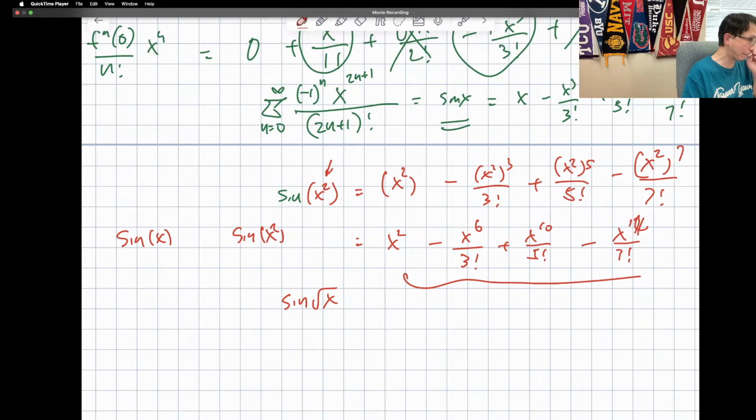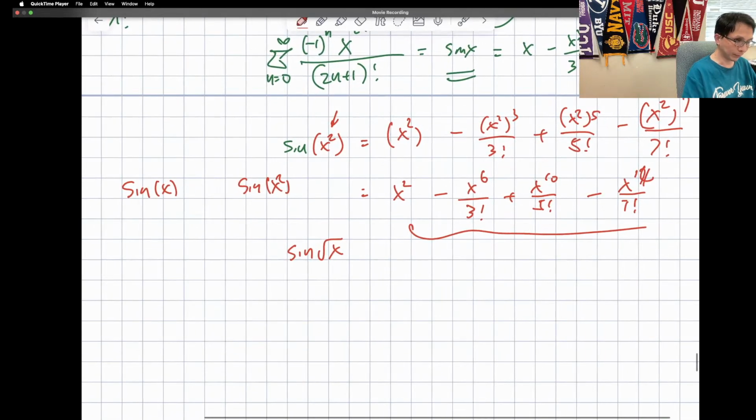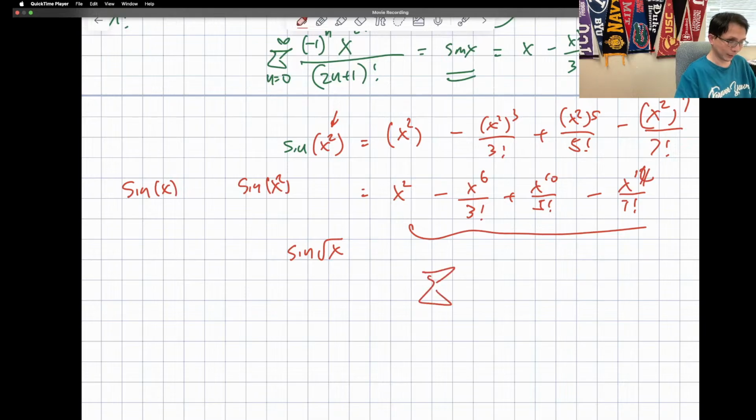So how would that fit in with the summation? You have to build a whole new one based on this pattern. So you can't just plug it into the summation, but you can plug it into the output. This one is n equal to 0, this one is n equal to 1, this is n equal to 2, and n equal to 3.